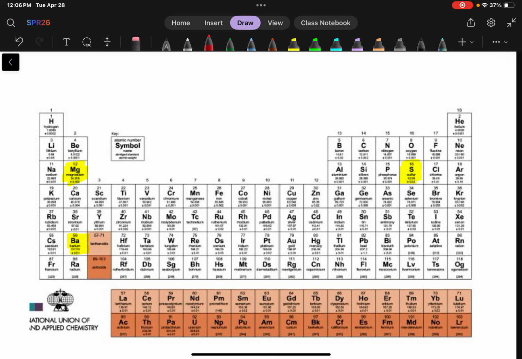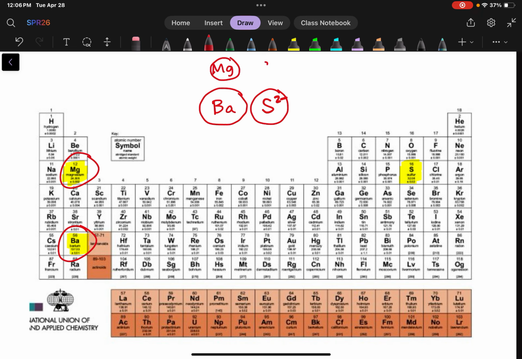So really our sulfur is staying constant, right? But the size of magnesium and barium is going to be much different. Which one is going to be larger? Yeah, barium is going to be much larger. So barium kind of looks like this, and magnesium is going to be a little bit smaller.